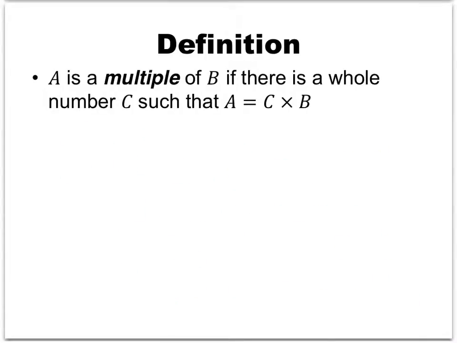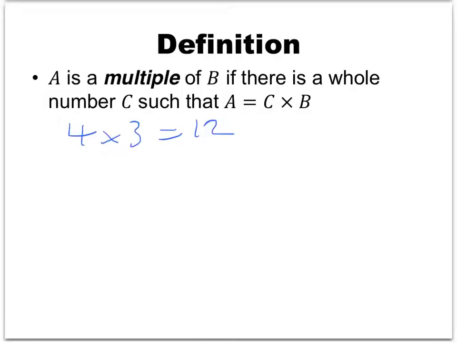Our third definition says that A is a multiple of B if there is a whole number C such that A equals C times B. So again, let's do a real simple example here. Let's take the equation 4 times 3 equals 12. So if we take 4 times a whole number, we get the number 12.